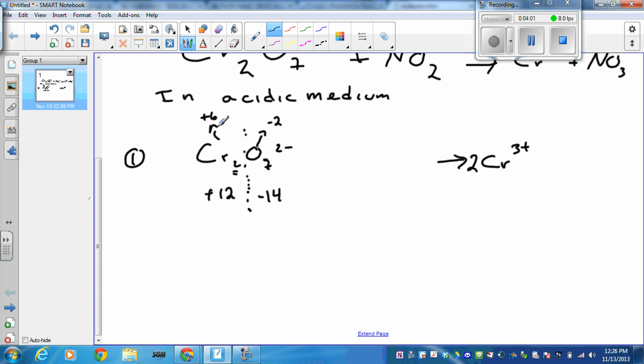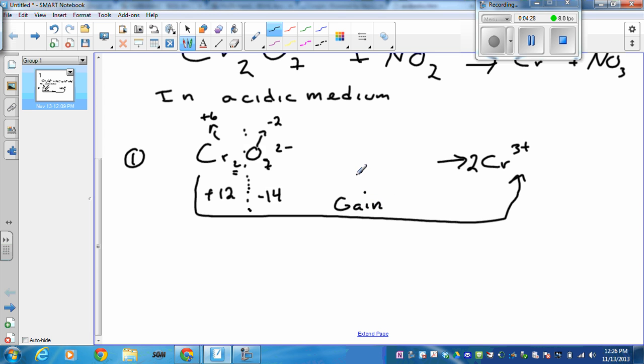So each chromium has gone from a +6 to a +3. So that chromium in the process has become less positive. To become less positive, the only way you can do that is to gain electrons. So this must have gained electrons. Each chromium finds itself gaining 3 electrons. There are 2 chromiums in total, so there's a gain of 6 electrons.